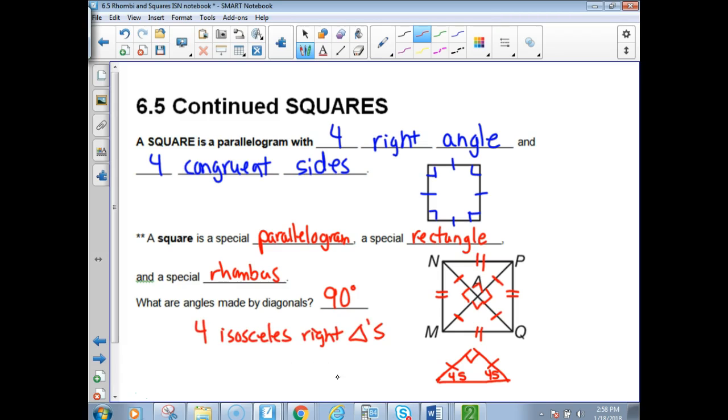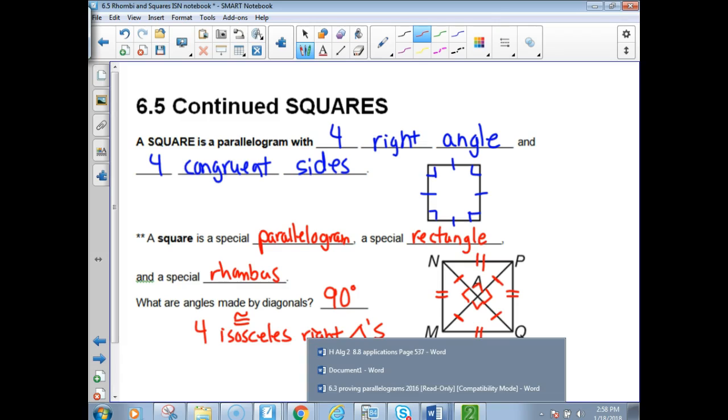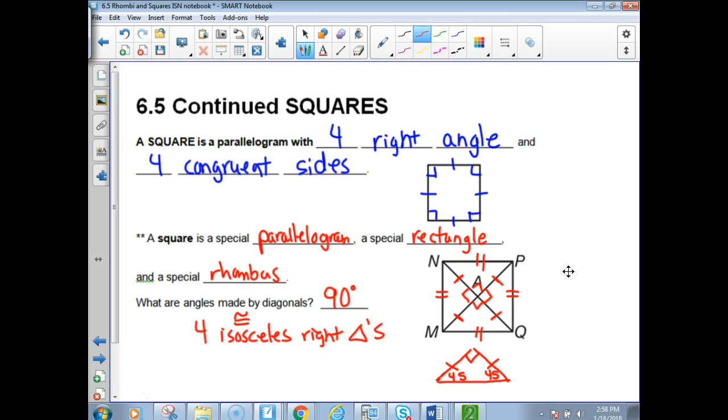And they're all congruent to one another. Okay, they're all 45, 45, 90. So these angles are 45. And that's true on every one of those.